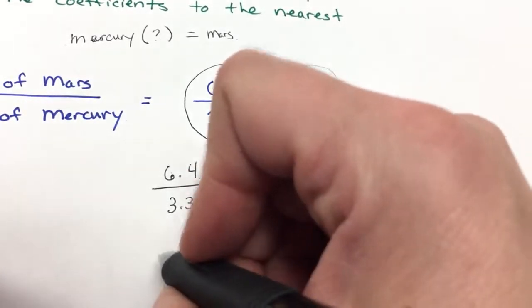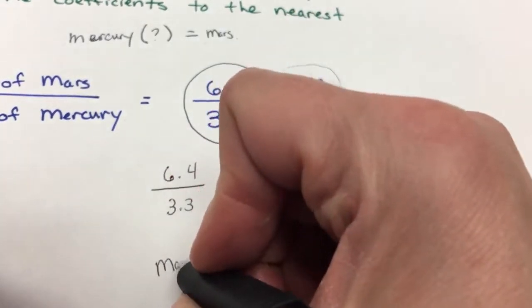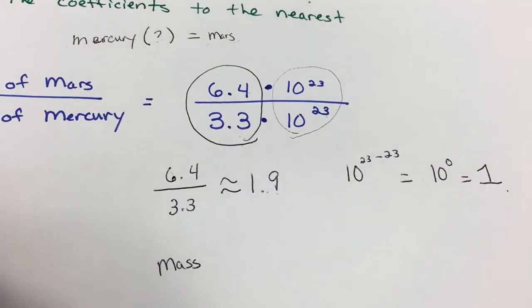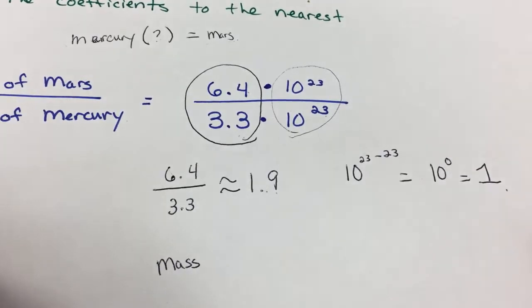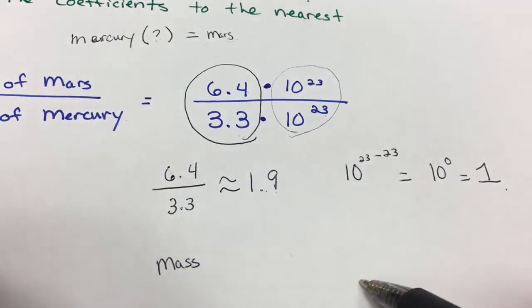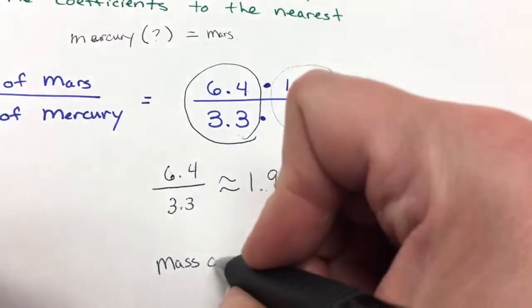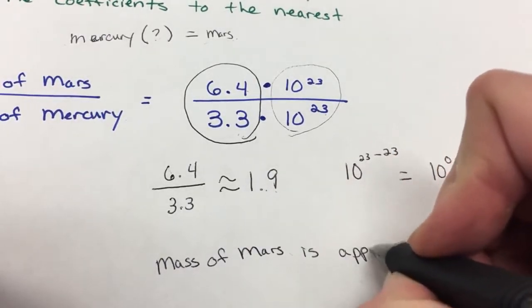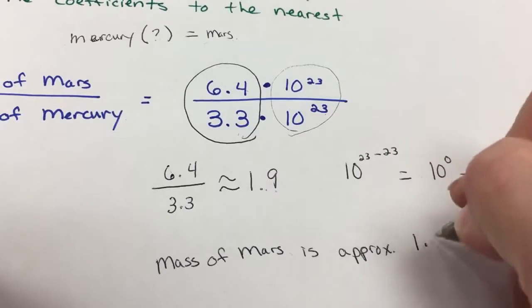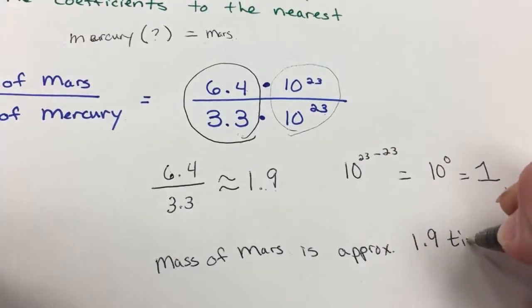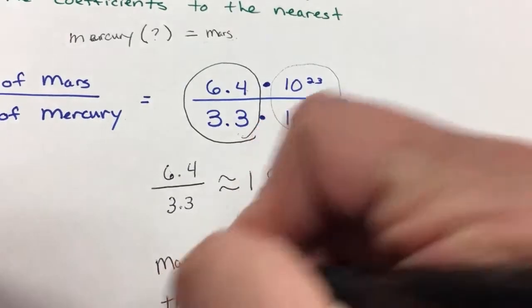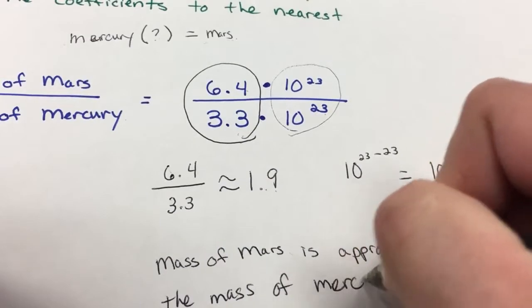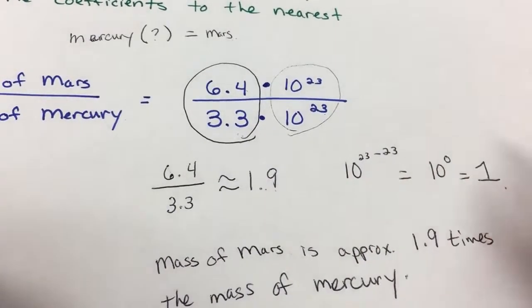In other words, the mass of Mars is about 1.9 times the mass of Mercury. And that's your solution.